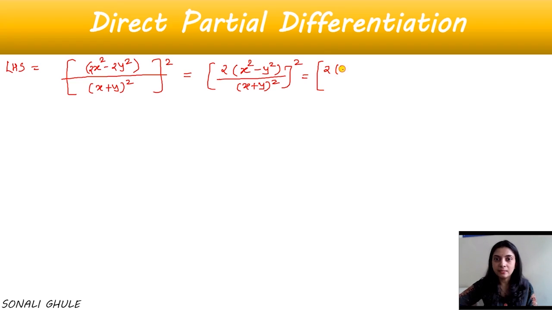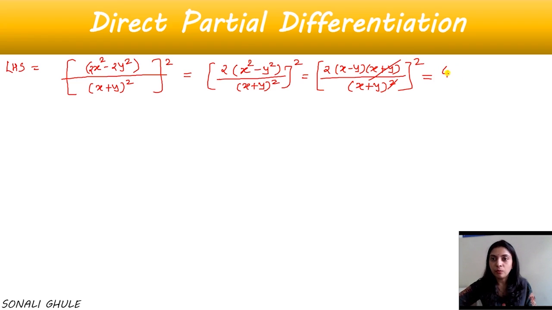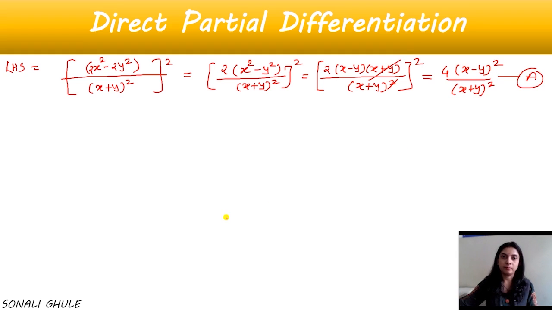So using that result, I can write x minus y, x plus y upon x plus y whole square bracket square, right? So x plus y get cancelled. What is the remaining term here? Squaring the term as there is a square of bracket, so 2 square, that is 4. Then x minus y whole square upon x plus y whole square. Say this is our equation A, right?